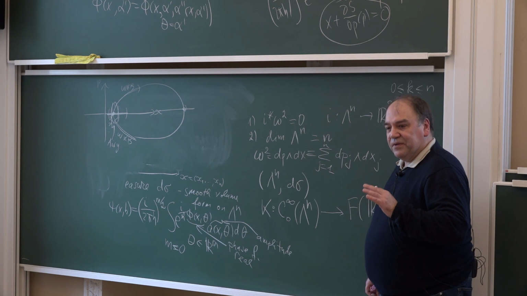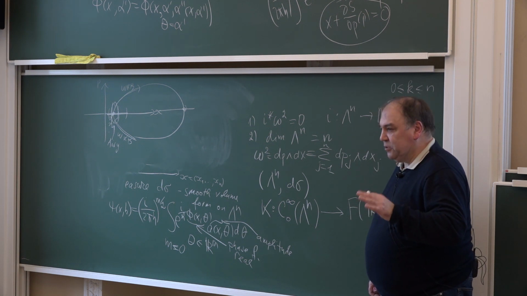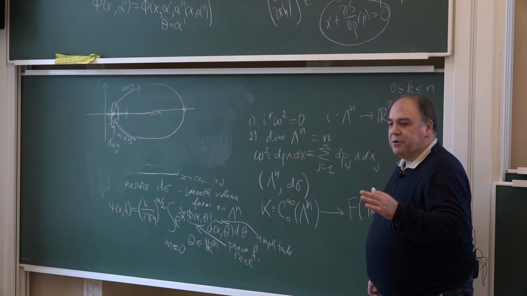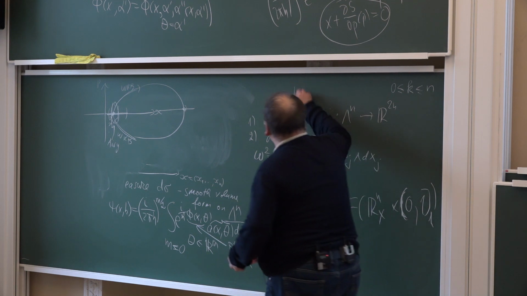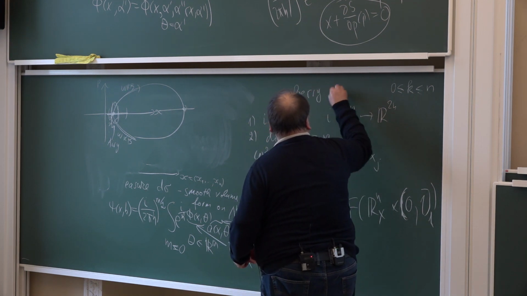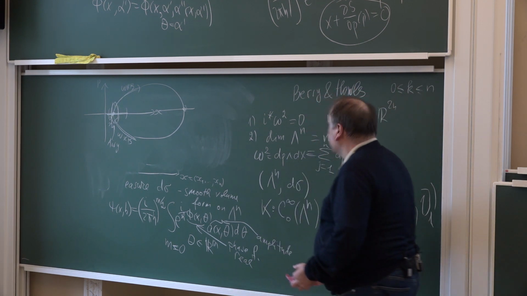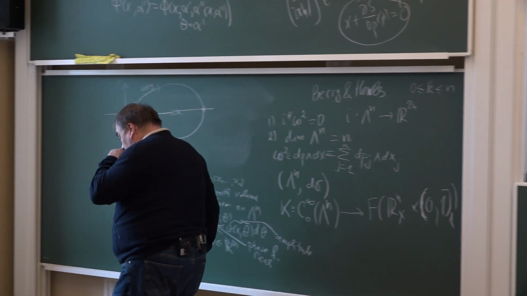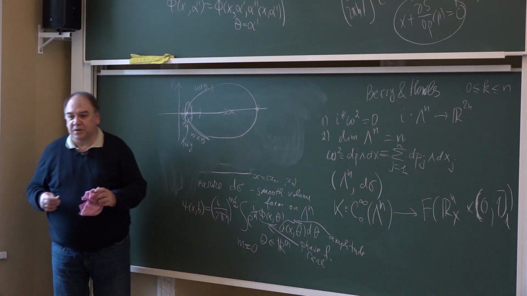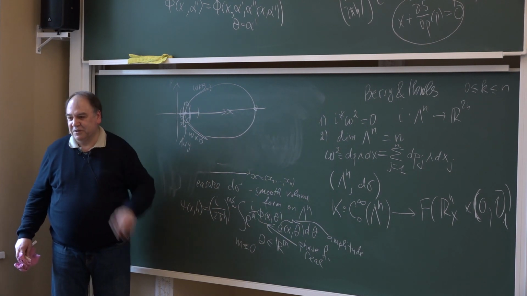And this chapter about integrals with coalescing, merging singular points was written by Berry and Howls. Well, okay, if anybody is interested, I can look up this reference. I, of course, have it, it just doesn't come to mind.